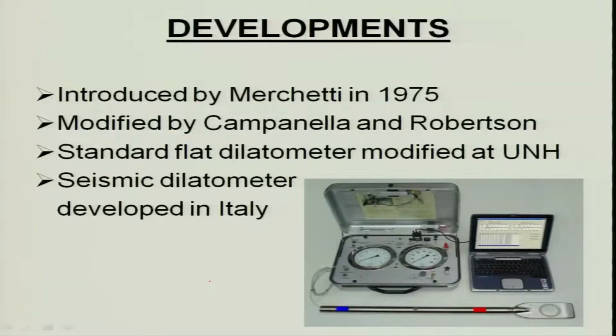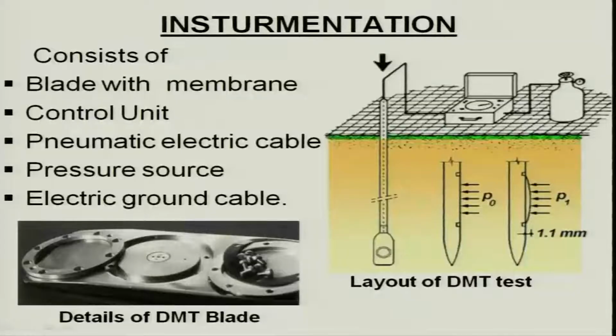The dilatometer has now been modified to a seismic dilatometer, where you can get pore water pressure, change in pore water pressure, and also measure shear wave velocity. There are arrangements for that.